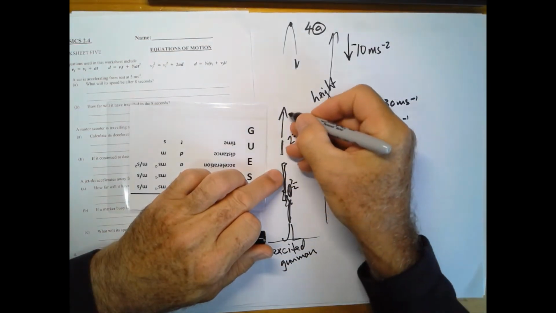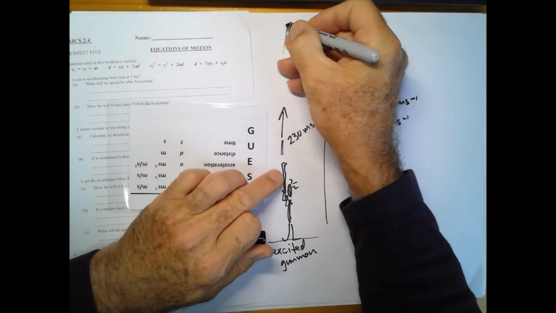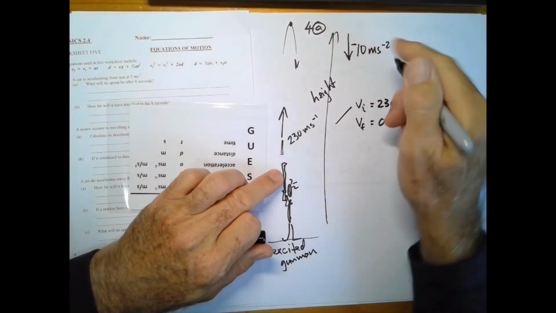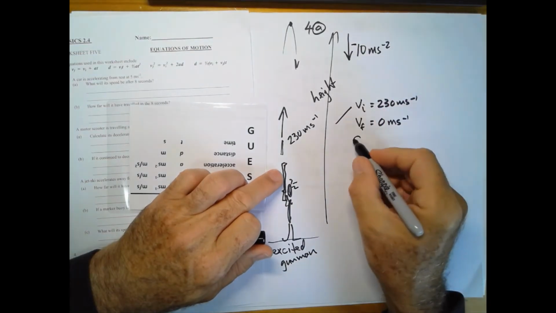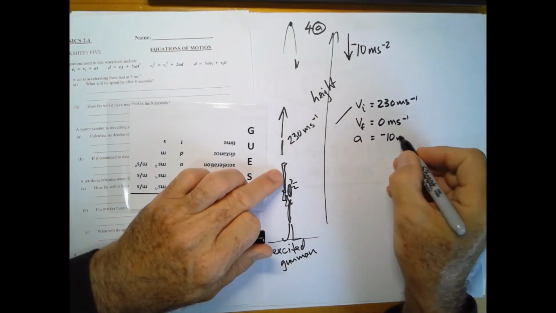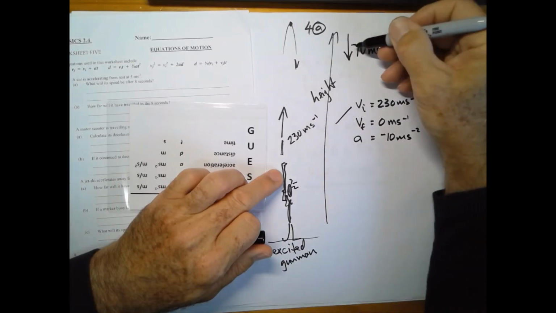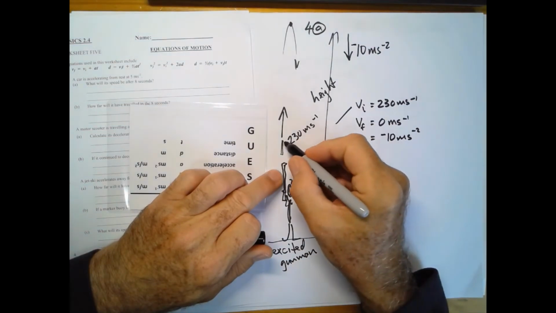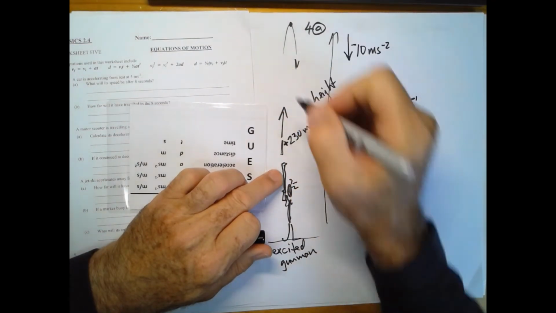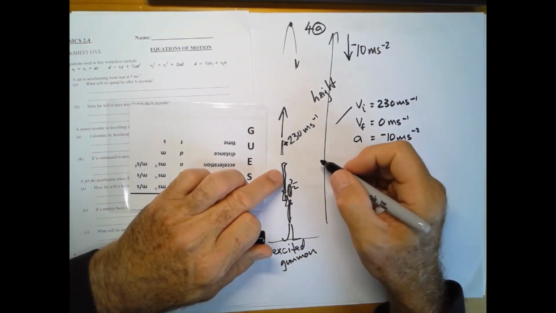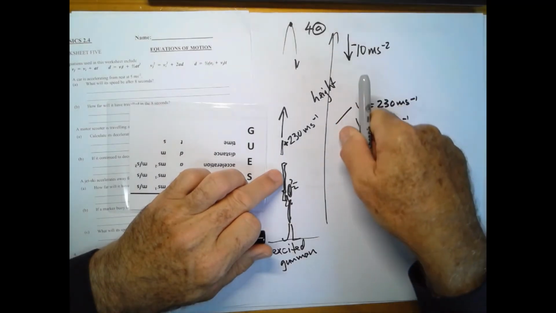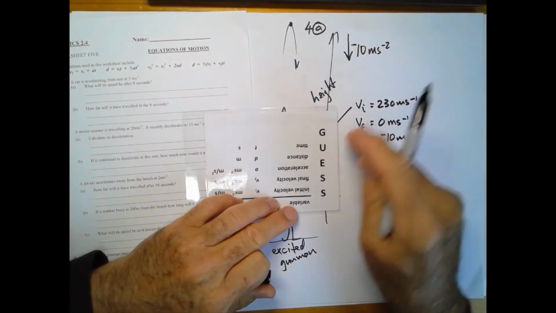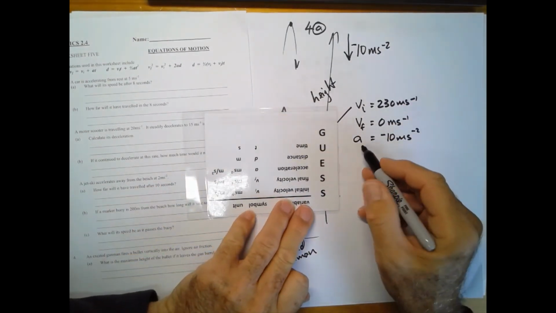We're considering that the positive direction, the acceleration is in the opposite direction, so the acceleration has got to be negative. So you've got negative 10 meters per second squared. You've got to identify clearly the direction of the velocity. We're going to say it's positive 230 meters per second. The acceleration is in the opposite direction, so if that's positive, this is negative. So there are our givens: an initial velocity, final velocity, and acceleration.